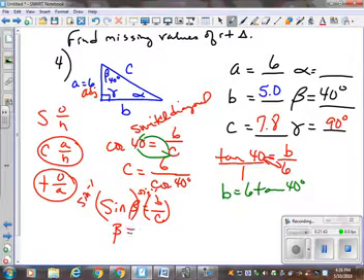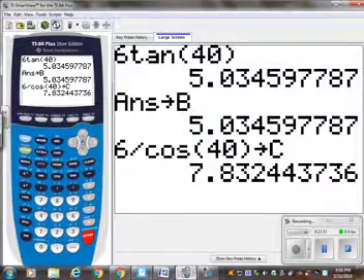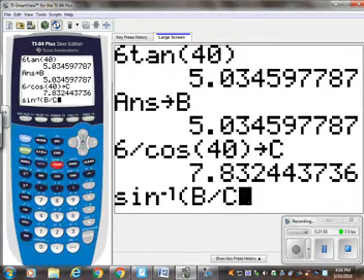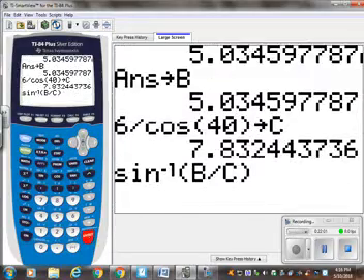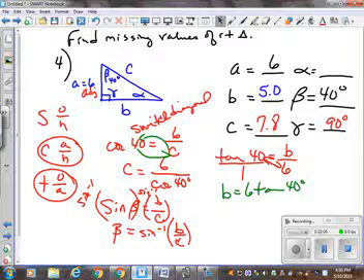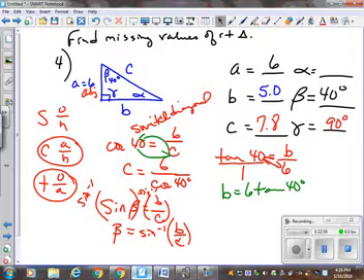So beta is found by inversing, the negative 1 means inverse, of B over C. And since we just stored those in B and C, we now can use that whole decimal. So sine inverse of alpha B divided by alpha C, parentheses, equals 40. Now let's see if that makes sense. Yes, it does. Makes sense for beta.